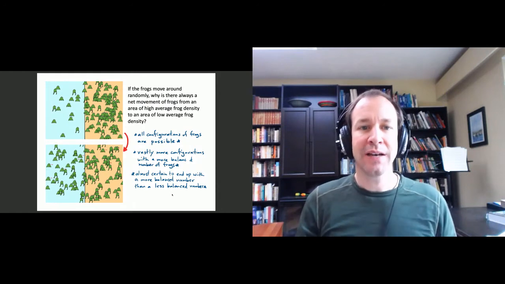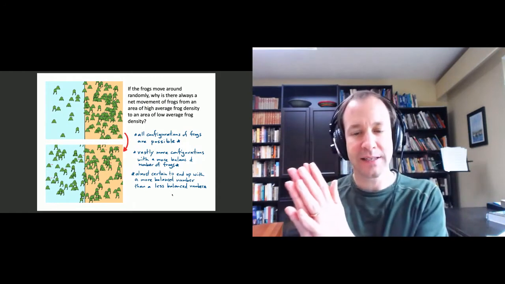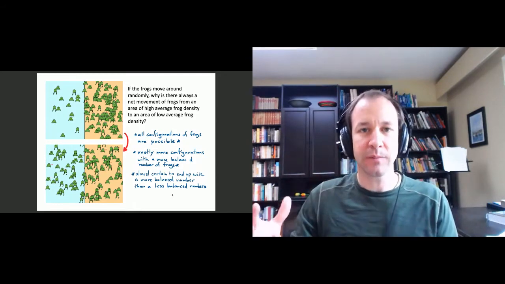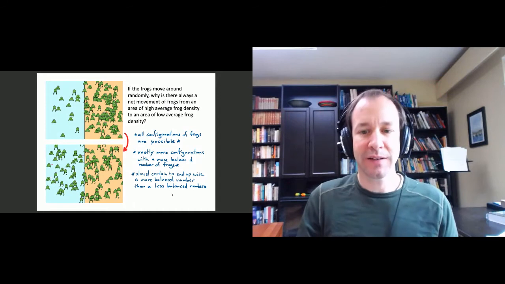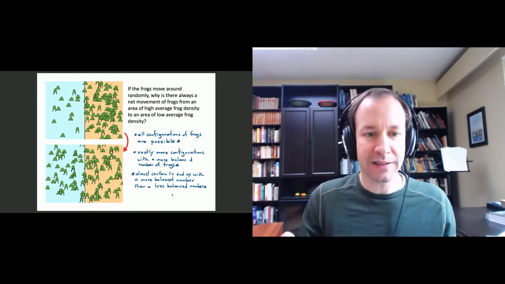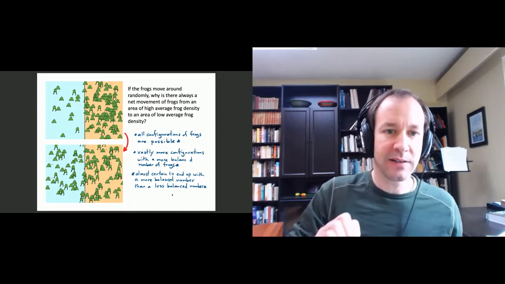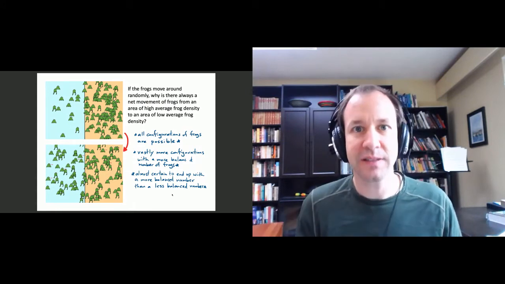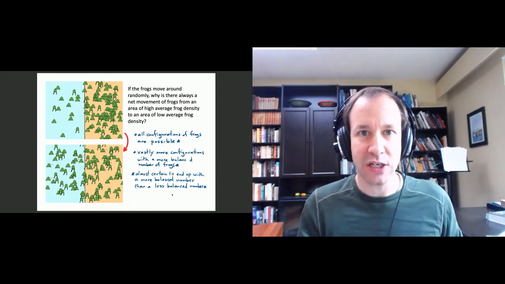And so if we start with an imbalanced number, we're almost certain after a long period of time to end up in a configuration with a more balanced number of frogs compared to the situation of ending up with a less balanced number of frogs. There are simply way more such configurations.